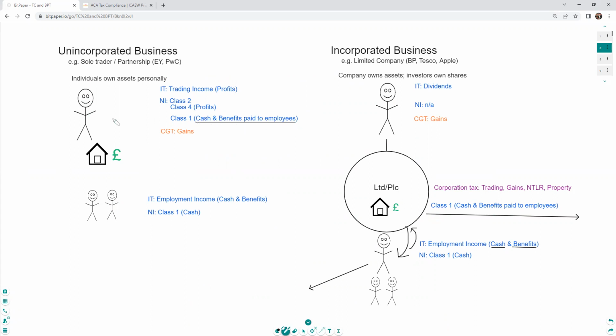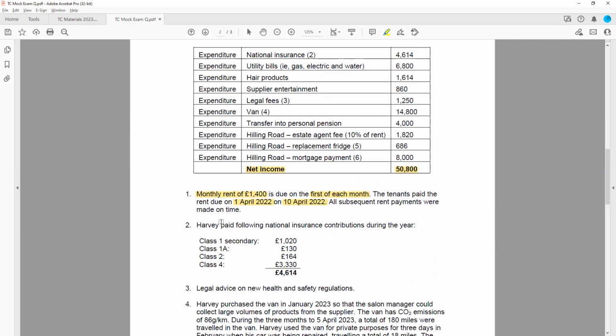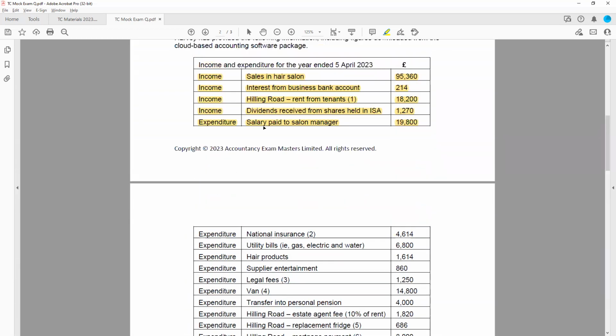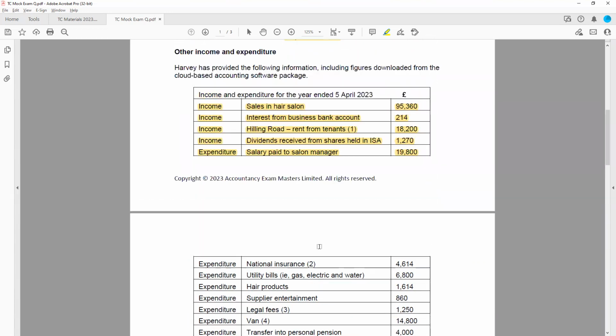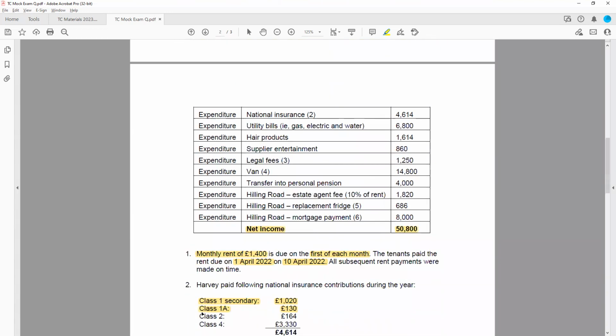As we said, employers pay national insurance on the cash and the benefits they give to their employees. So class 1 secondary would be on the wages that he paid, the cash amount to the salon manager. And in class 1A, he must have also given them some benefits as well.